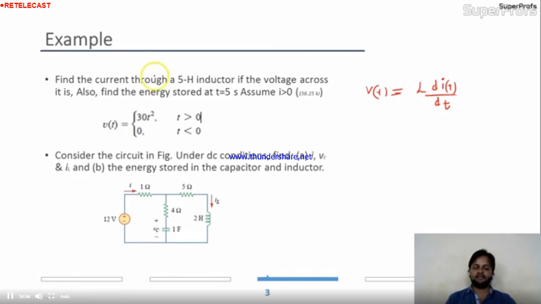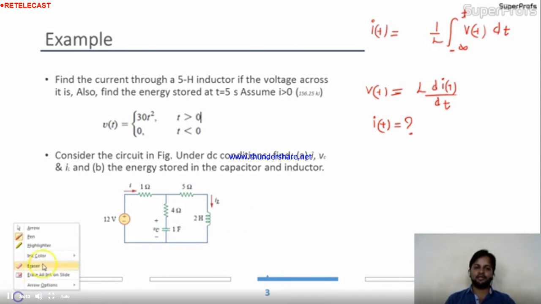The question is, we have to find out i(t), and v(t) is given. So what is i(t) over here? We have to integrate 1 by L from minus infinity to t of v(t) dt. This is nothing but the formula for the current in the inductor.